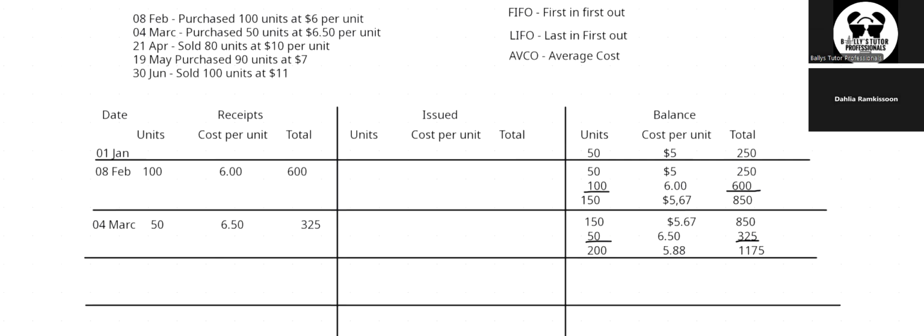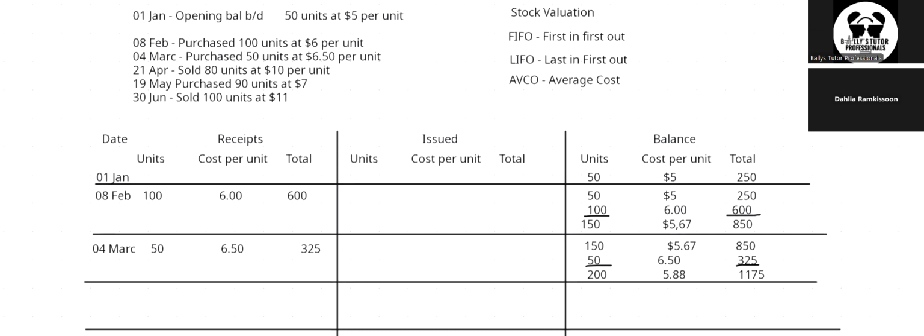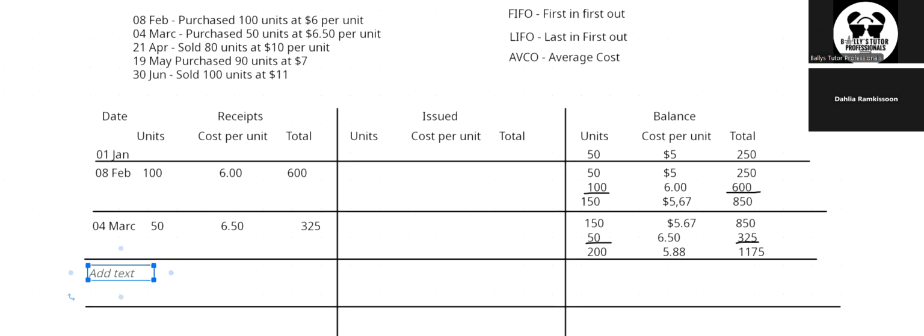So when I sell the goods on April the 21st, I sell 80 units. Right. I'll be selling 80 units that cost me $5.88 each, because that's my new average cost, for a total of $470.40.